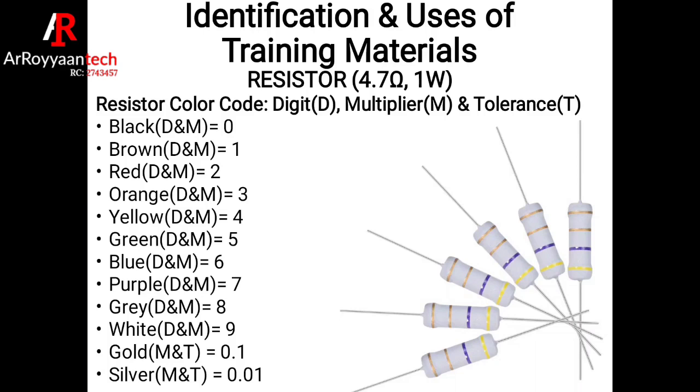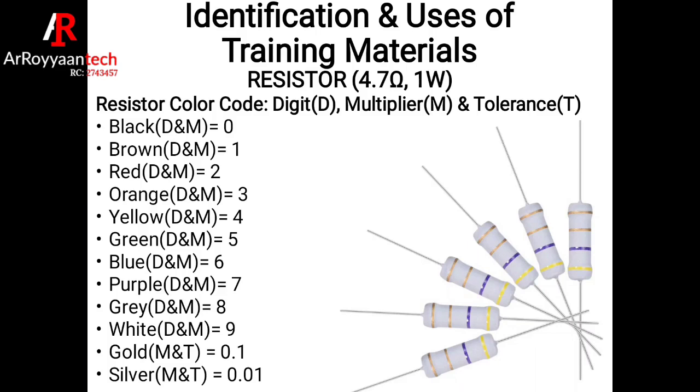On the top of the resistor color code chart, you see digit, multiplier, and tolerance. Looking at this sample, how many colors do we have? 1, 2, 3, 4. So this type of resistor is called a 4-band resistor because it has only 4 colors printed on it.